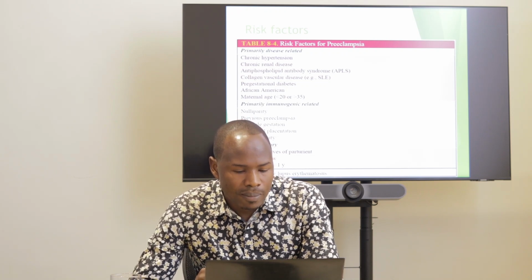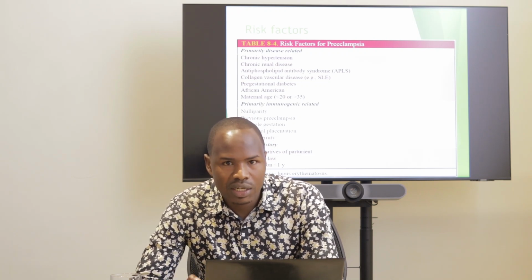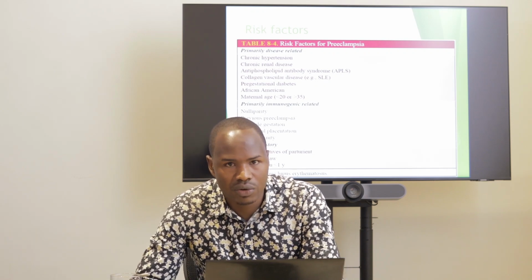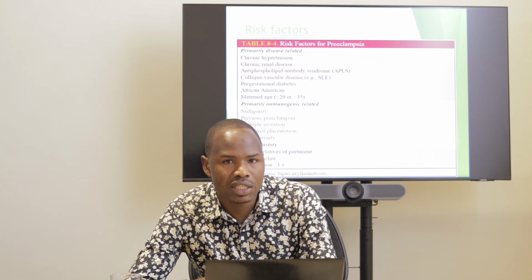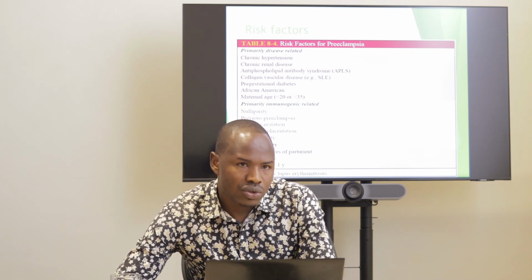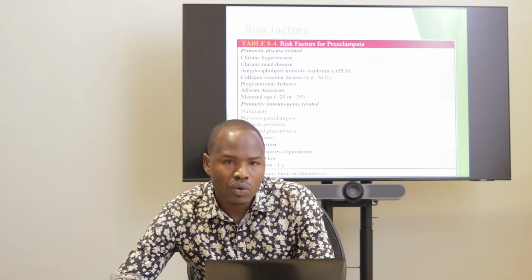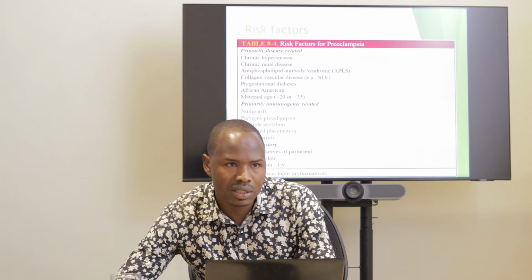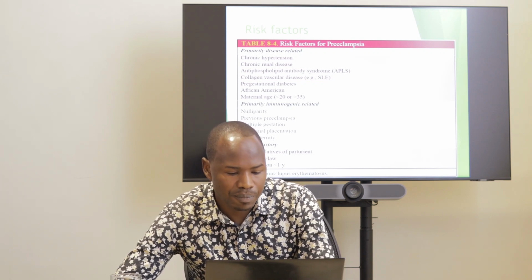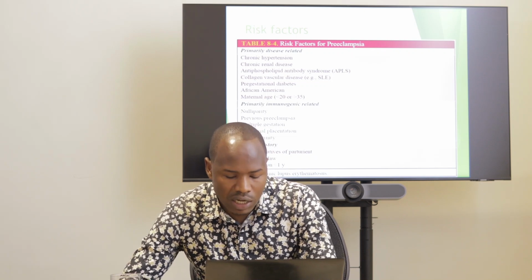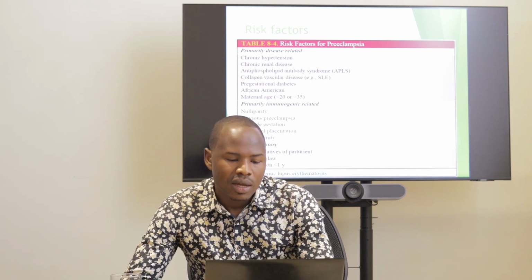When there is preeclampsia or eclampsia among her relatives, there is also a risk of getting preeclampsia or eclampsia. Also, if the mother-in-law of the pregnant woman had preeclampsia, that woman also has a risk of developing eclampsia.